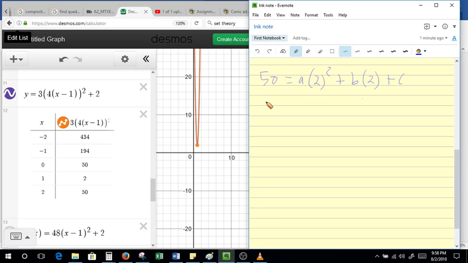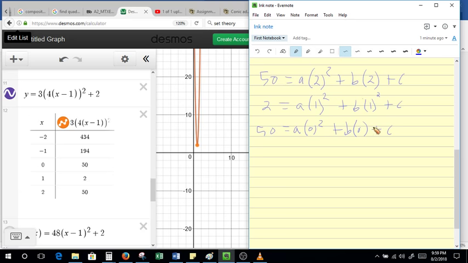Next we can plug in 2 equals a times 1 squared plus b times 1 plus c. And a third point, 50 equals a times 0 squared plus b times 0 plus c.